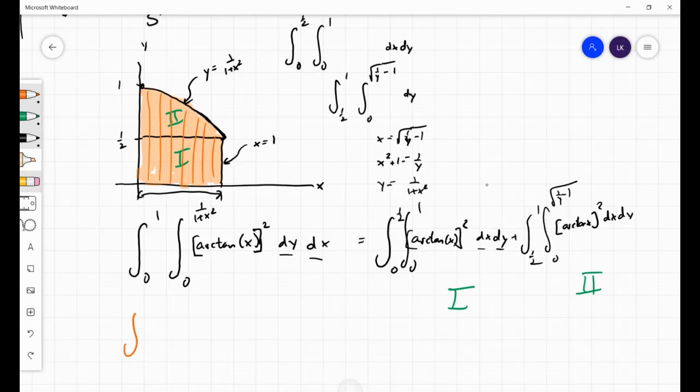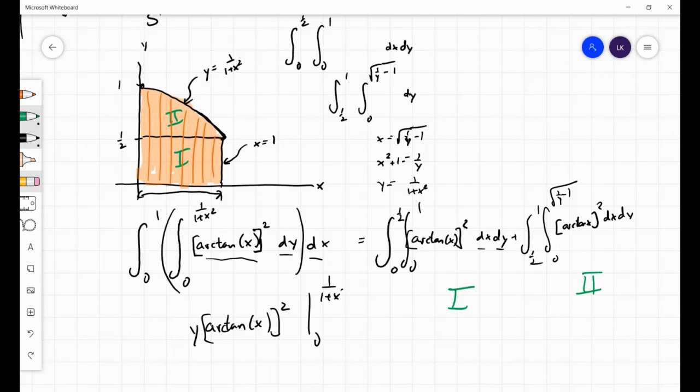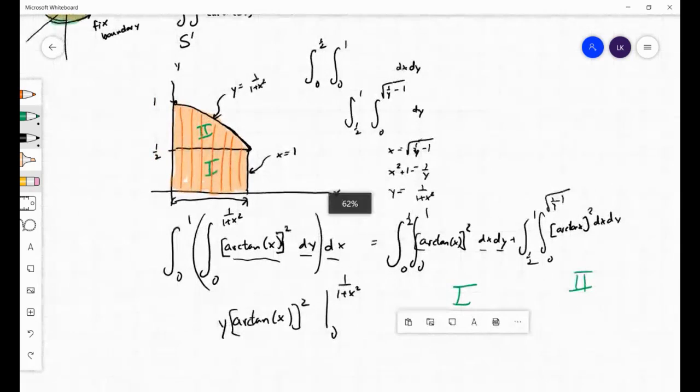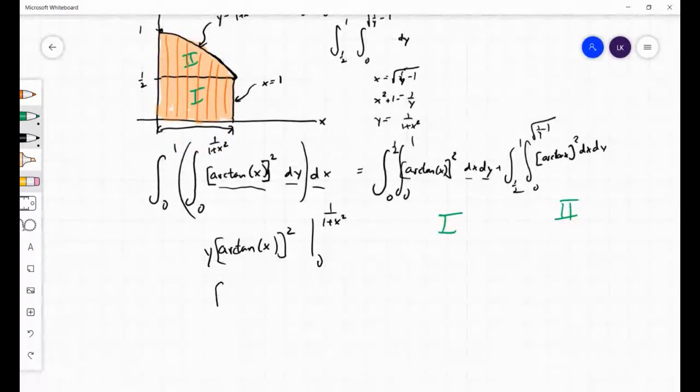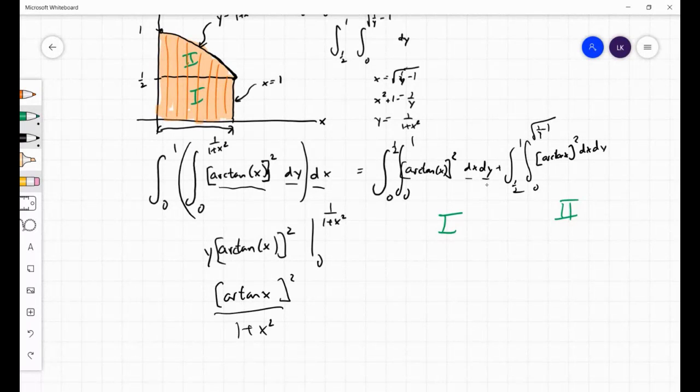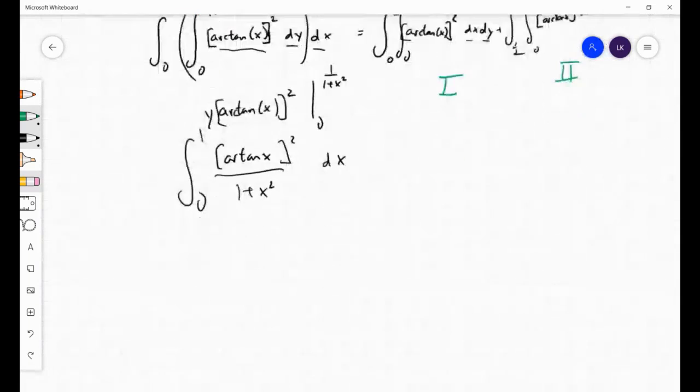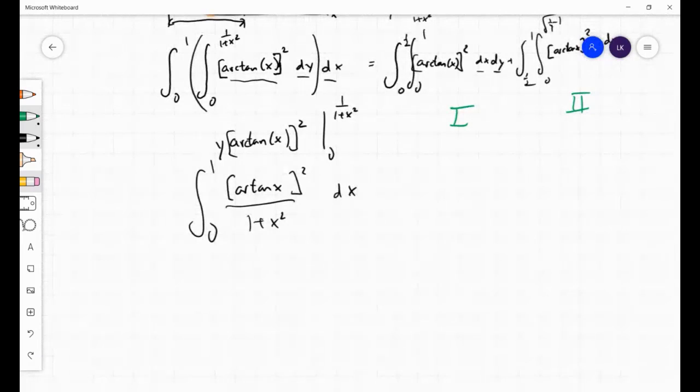So now you could integrate with respect to y here, no problem, because there is no y. You just get y times arctangent of x quantity squared, from 0 to 1 over 1 plus x squared. So you just get arctangent of x quantity squared divided by 1 plus x squared. You integrate that with respect to x, and that's simple because we know the derivative of arctangent is 1 over 1 plus x squared.